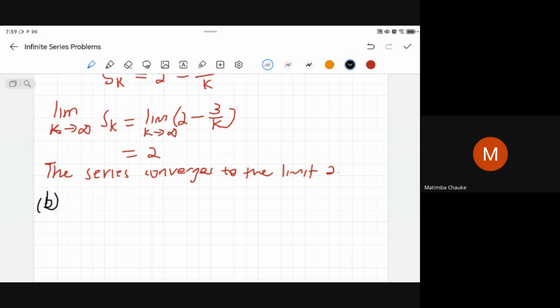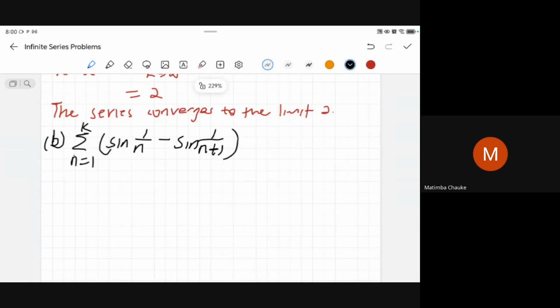It's B. B is the summation of n from 1 up until infinity of sine of 1 over n minus sine of 1 over n plus 1. Right. So this one, if we expand it, we don't have to apply a partial fraction, right? If you expand it, sine of 1 over 1 would be sine of 1 minus sine of 1 over 2.